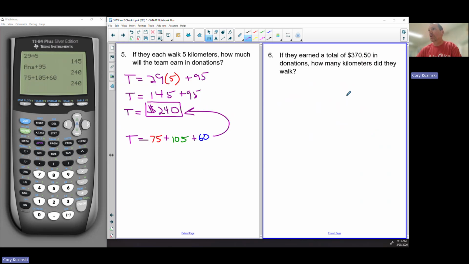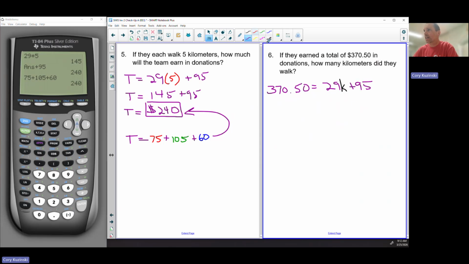If they earned this much, how much did they walk? Well, that's a different story because now we have to work backwards. We have to go, okay, $370.50. That's their total earned. We know they're getting 29 per kilometer and that they're getting $95 no matter what.